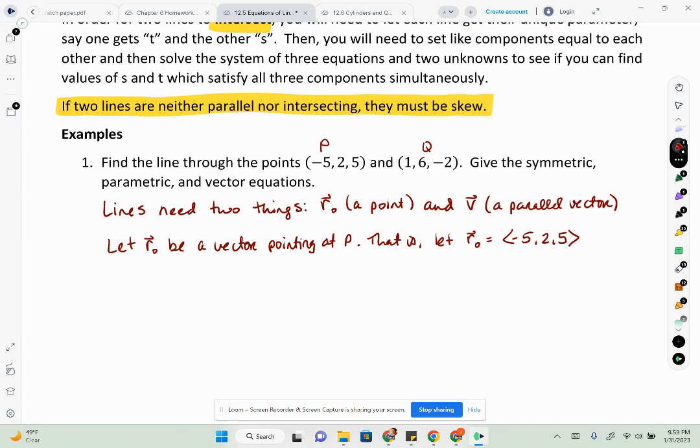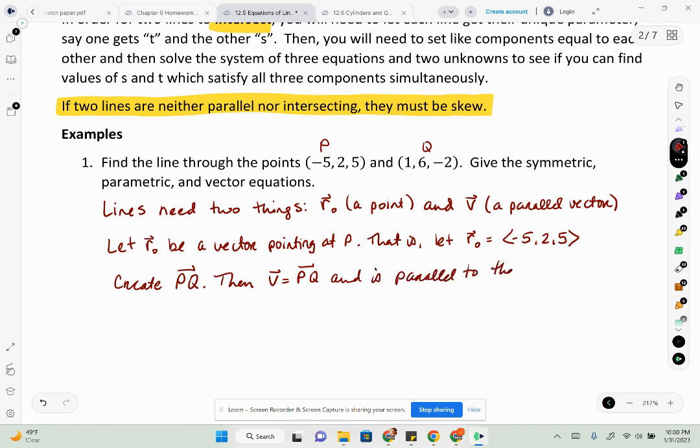Okay, now we need a parallel vector. If we were to create a directed line segment out of P and Q, so we're going to create PQ, the directed line segment, then V is equal to the directed line segment, and is parallel to the line. And I'm just going to put in parentheses, not on the line, just parallel.